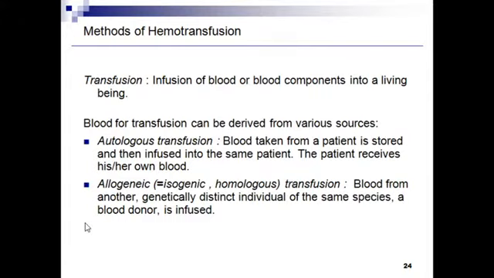Synonyms are isogenic or homologous blood transfusion. Blood from another genetically distinct individual of the same species, a blood donor, is infused. It is a transfusion of blood into a human from another human. This is allogenic transfusion. Indirect allogenic transfusion.